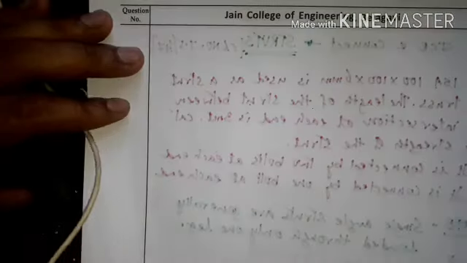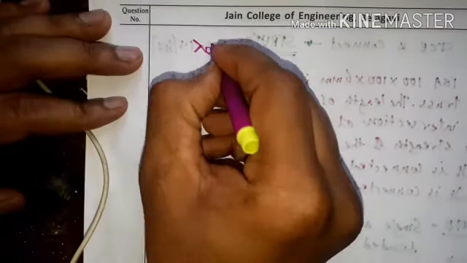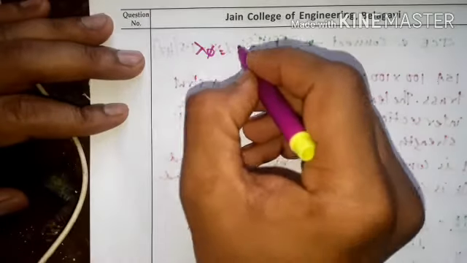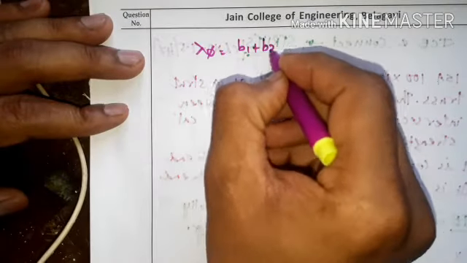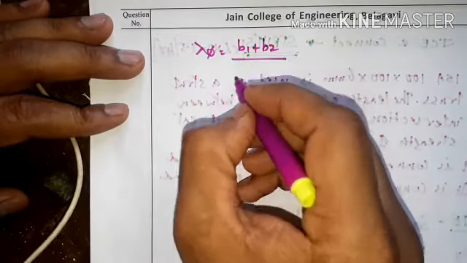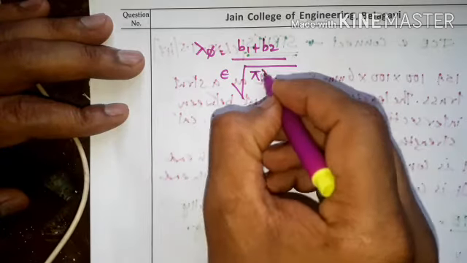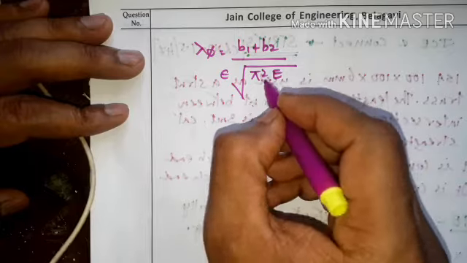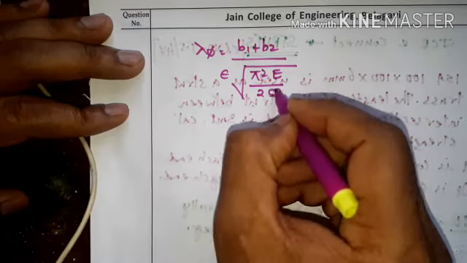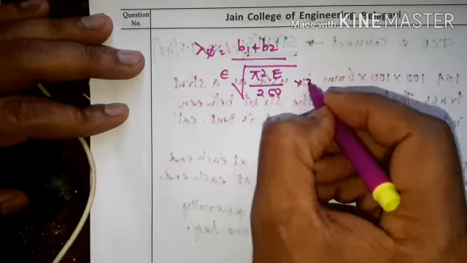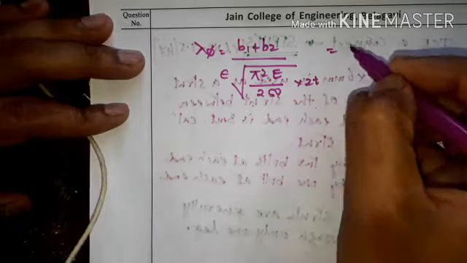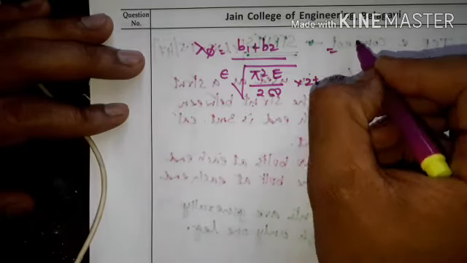After that, lambda phi is equal to b1 plus b2 divided by 2t, divided by epsilon into the square root of pi square E upon 250. b1 and b2 are nothing but the leg lengths.